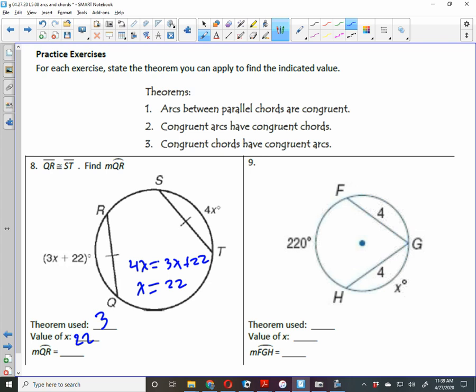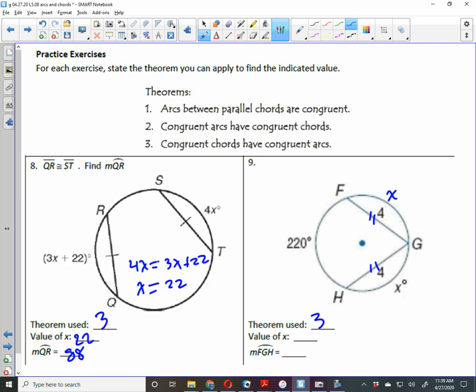Measure of QR is 66 plus 22 is 88. Over here, notice that we have congruent chords, therefore congruent arcs, right? So that's going to be 3 again.